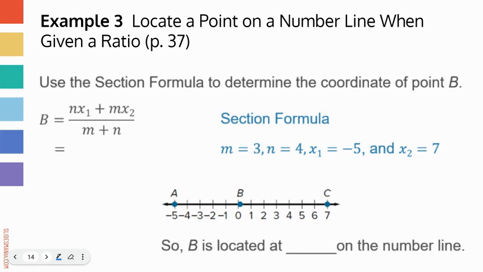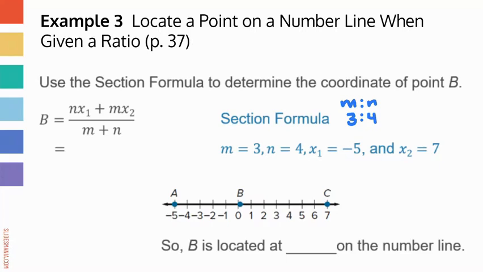And then we're going to use our formula and substitute the numbers that we have. Remember, m and n are the ratio that they give us. They want a ratio of 3 to 4, so m is 3, n is 4. And then x1 and x2 are our initial and terminating points.